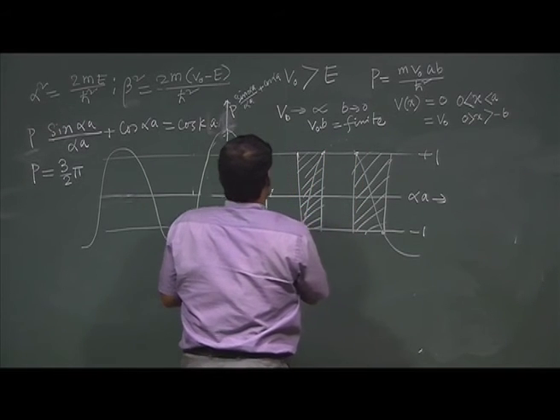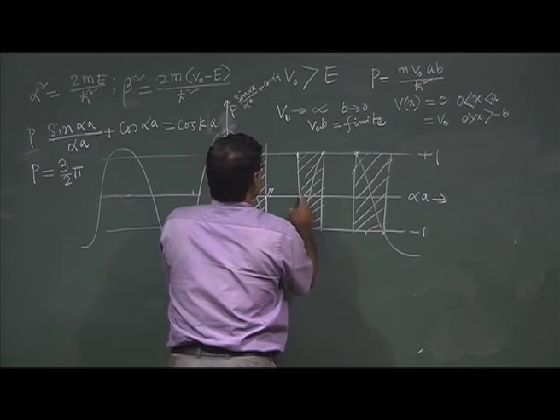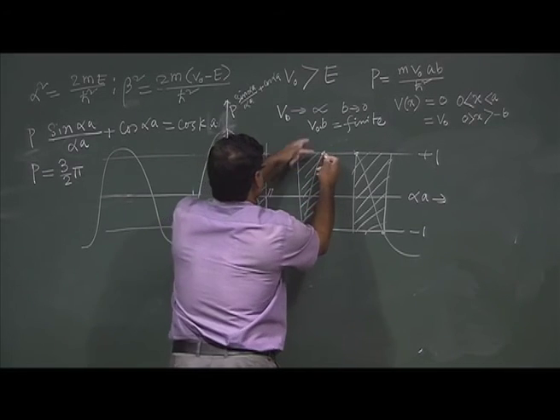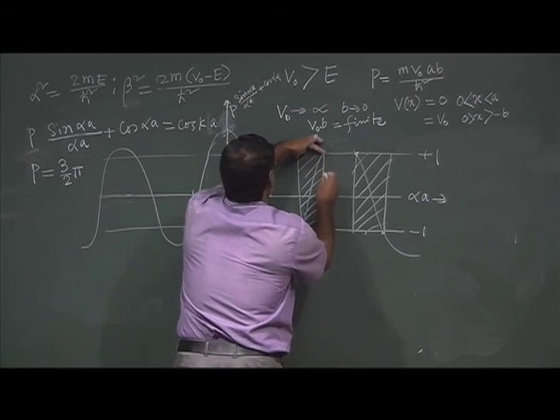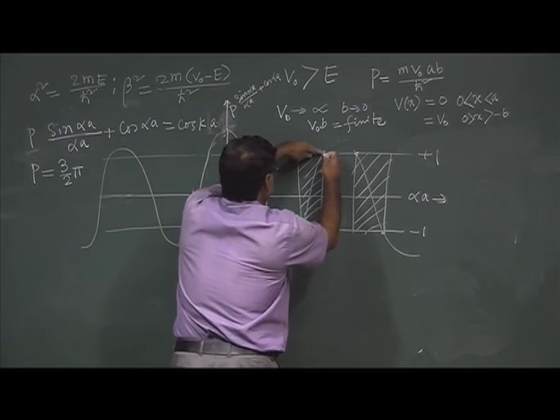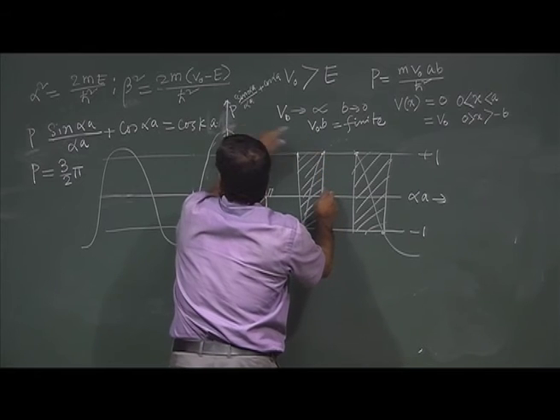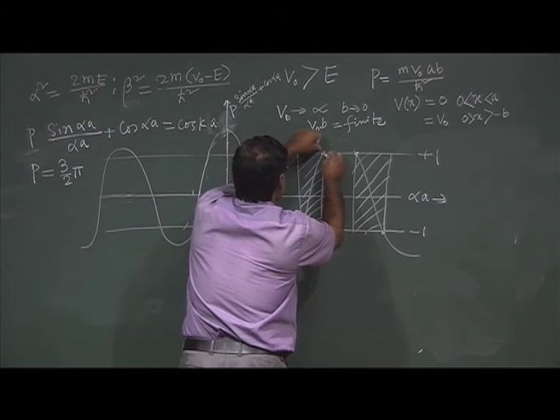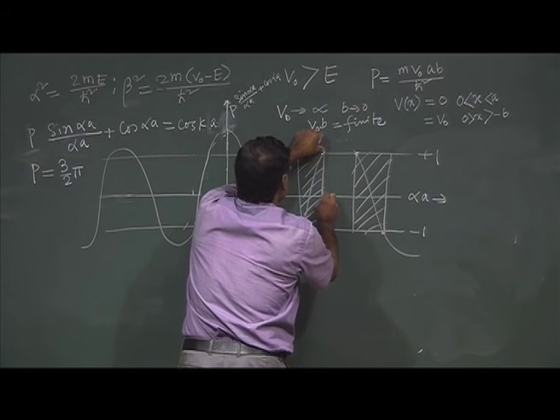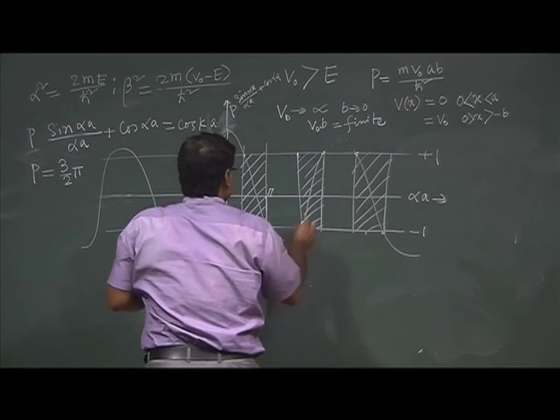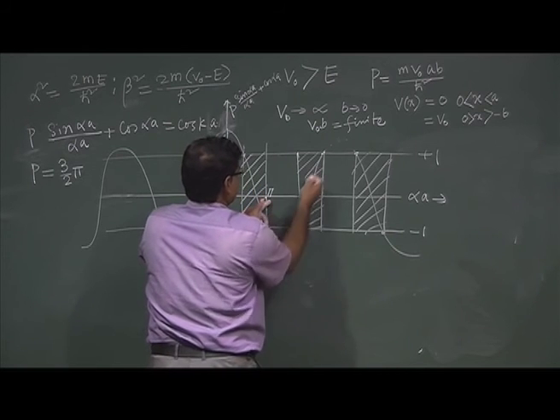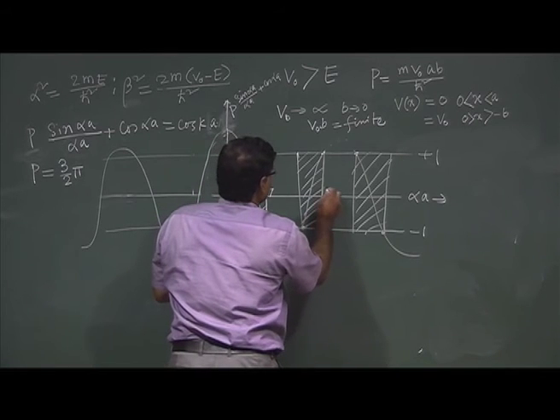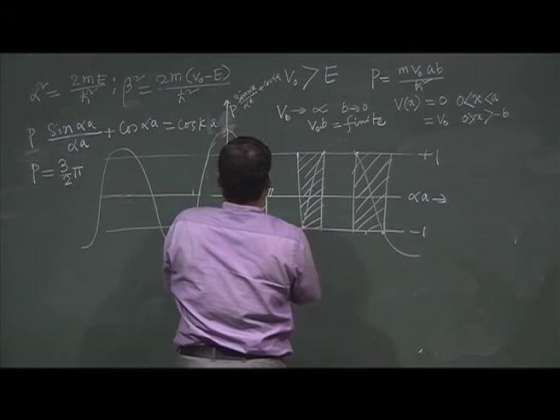Okay. And from there you will get 2 pi sin alpha a. Cos 2 pi is 1, sin alpha a 2 pi will be 0. Okay. So, I think I have drawn this, that is why I am facing a problem. So, pi, 2 pi, where is pi?